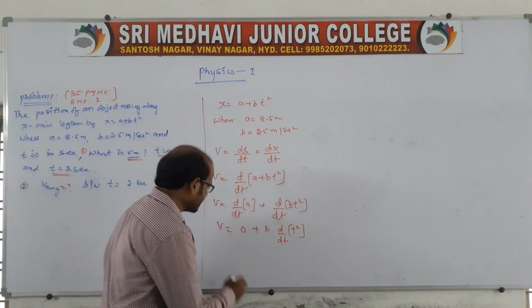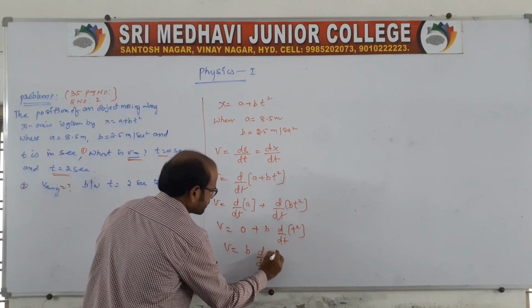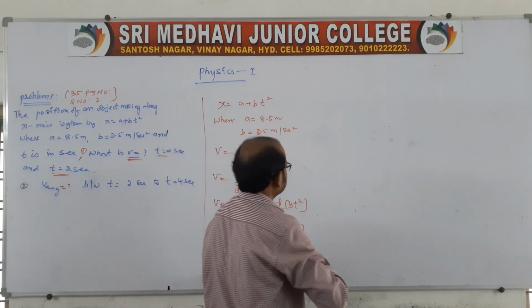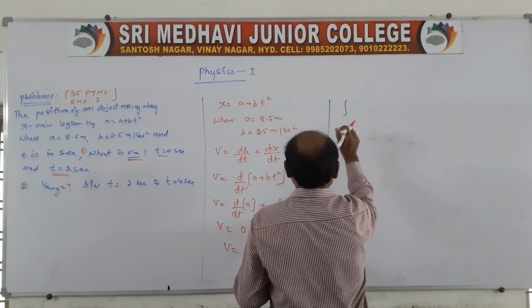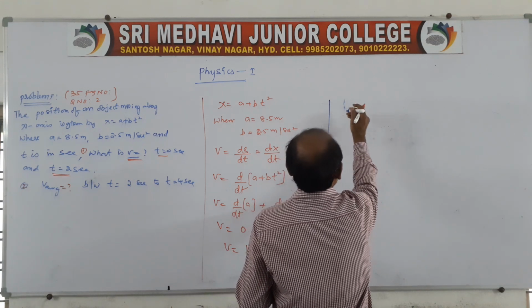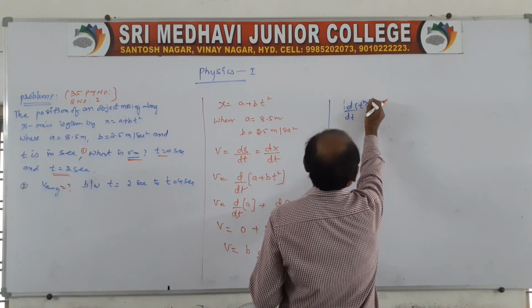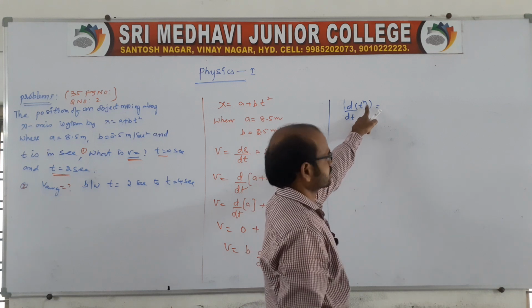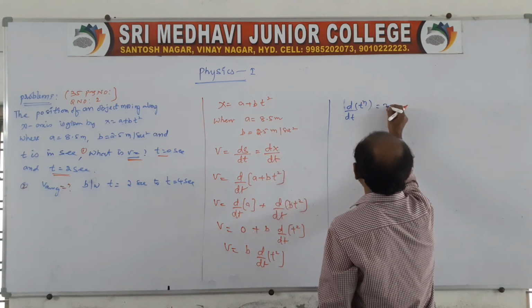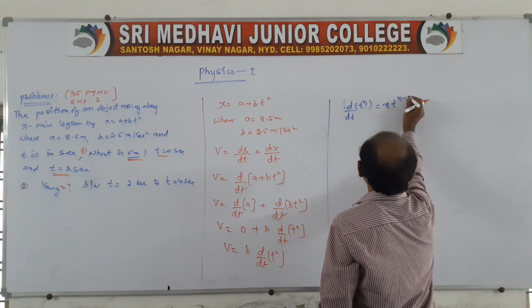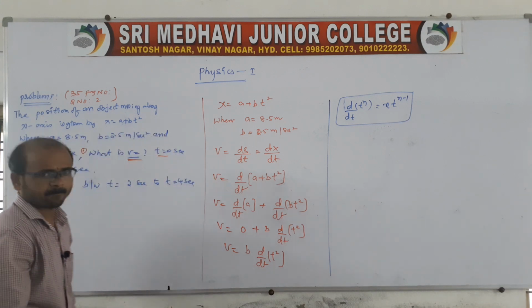In mathematics there is one standard formula for differentiation: d by dt of t power n is n into t power n minus 1. It is a standard formula.